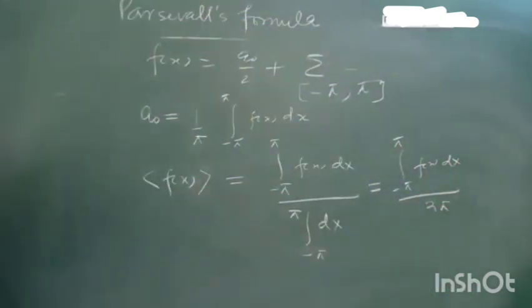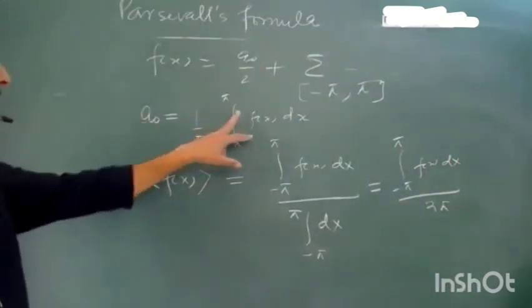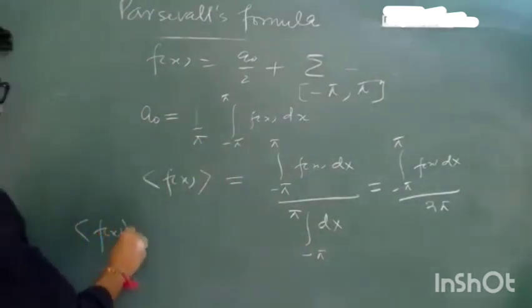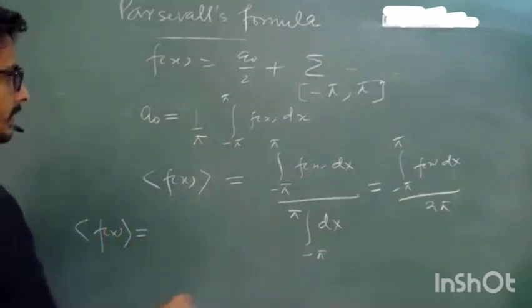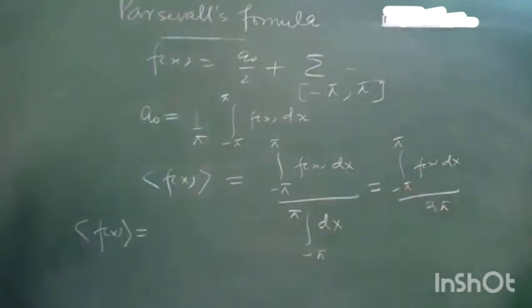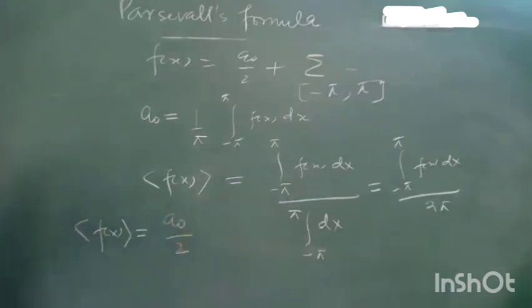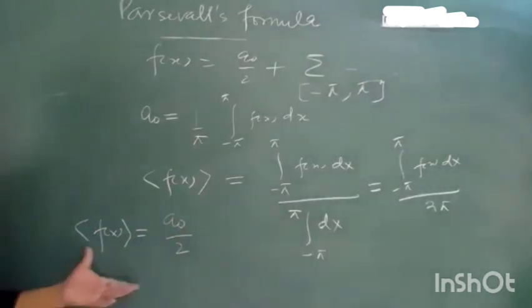Correct? And what was a naught? This over pi. So what can I write the average of f of x as, tell me? A naught by 2. This is another way of seeing this.